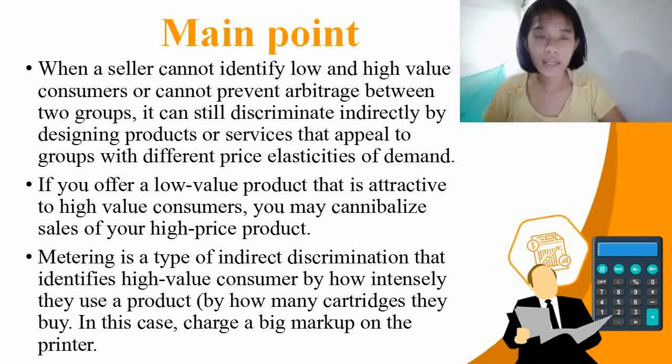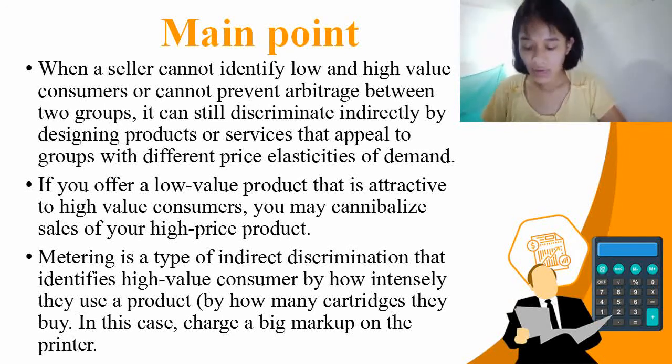Points or the key takeaways of the topic, indirect price discrimination. First is, when the seller cannot identify low and high value consumers or cannot prevent arbitrage between two groups, it can still discriminate indirectly by designing products or services that appeal to groups with different price elasticities of demand.